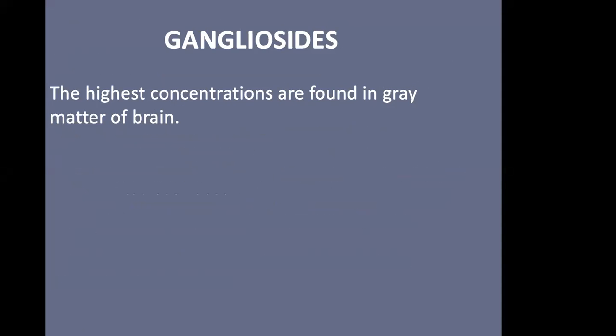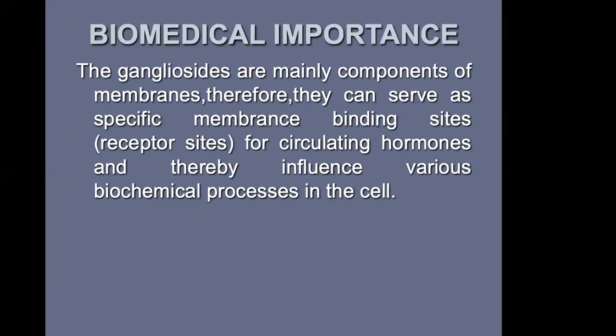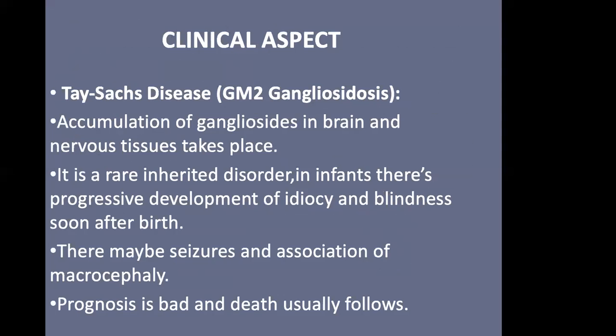Now, gangliosides, the highest concentration, are found in the gray matter of the brain. Gangliosides are mainly components of the membrane, therefore they can serve as specific membrane binding sites for circulating hormones and thereby influence various biochemical processes in the cells.